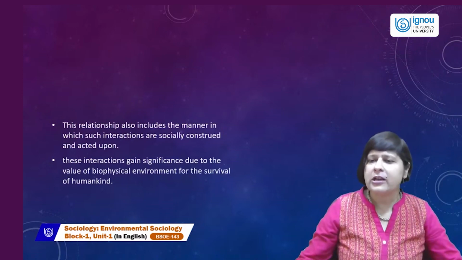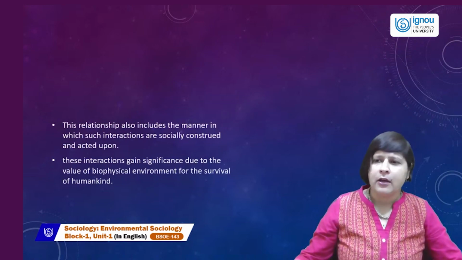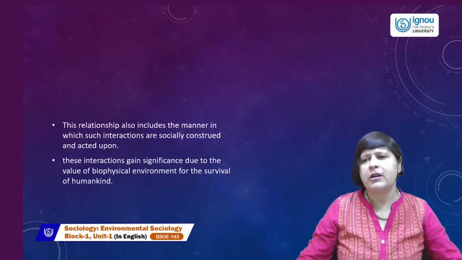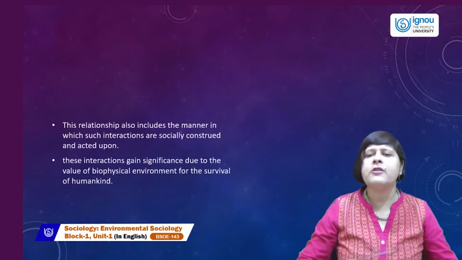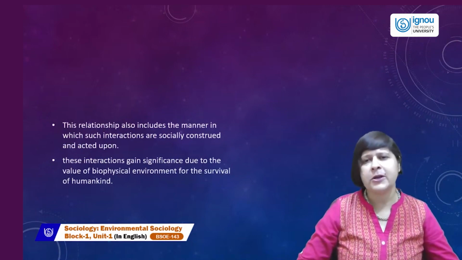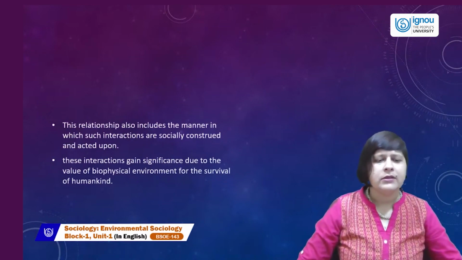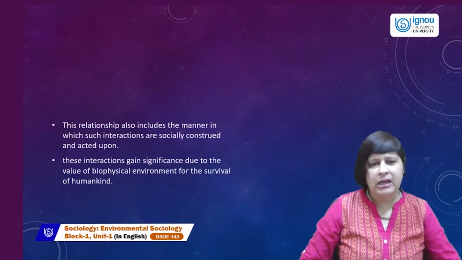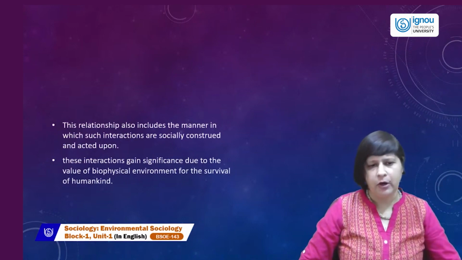First human actions impacted the environment, and then because of changes in the environmental condition, the environment impacts human society. This relationship also includes the manner in which such interactions are socially constructed and acted upon.